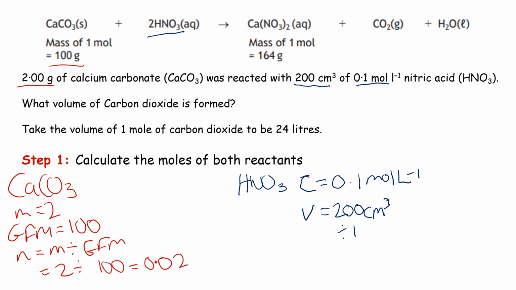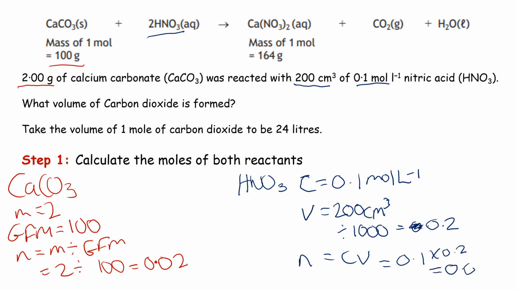We're going to divide by 1,000, and that's going to give us 0.2 litres. Now n is equal to CV. That's going to be 0.1 multiplied by 0.2, which also equals 0.02. So we've worked out our moles of both reactants. We've got 0.02 and 0.02.